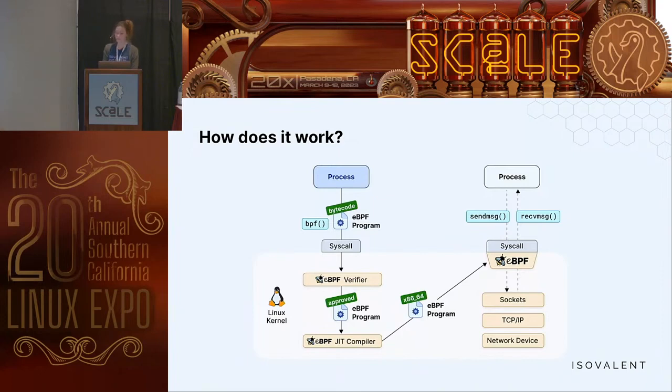Once it's approved, it goes to the JIT compiler, the just-in-time compiler. At that time, the bytecode is really generic, so it can run on ARM, x86, whatever. The JIT will compile it to the native architecture that your CPU runs. Once it's completed, we can attach it to the return of the execve system call.